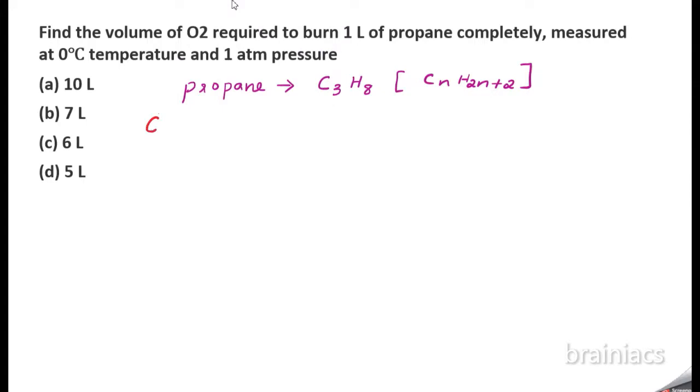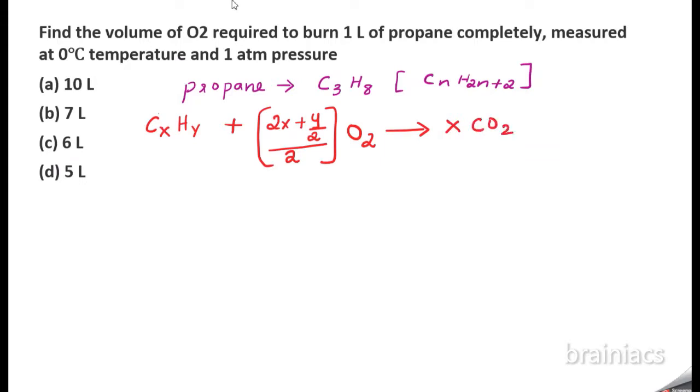So I can say CxHy, that is a hydrocarbon made up of carbon and hydrogen, plus (2x + y/2)/2 in bracket, O2, that is burning in presence of oxygen, will give you x times CO2 and y/2 times H2O.